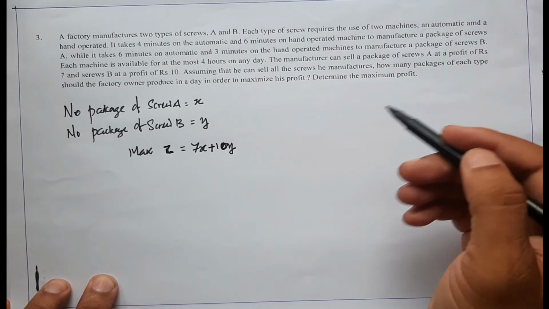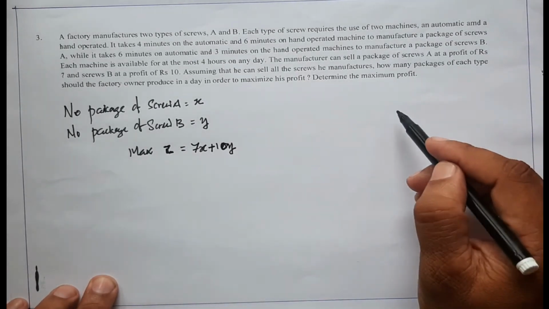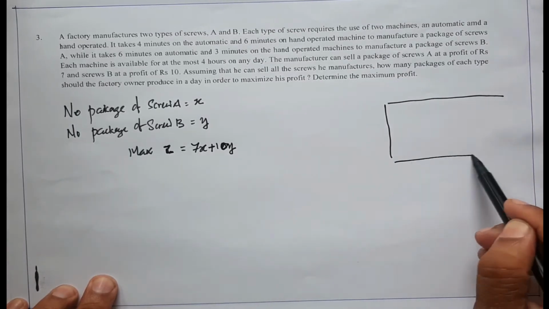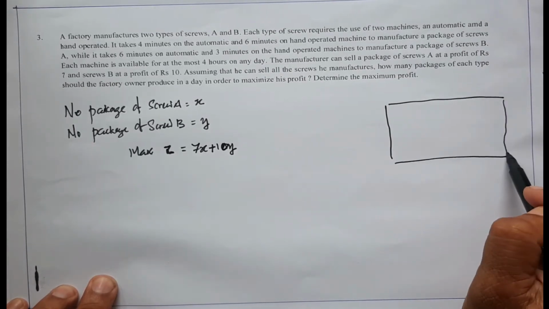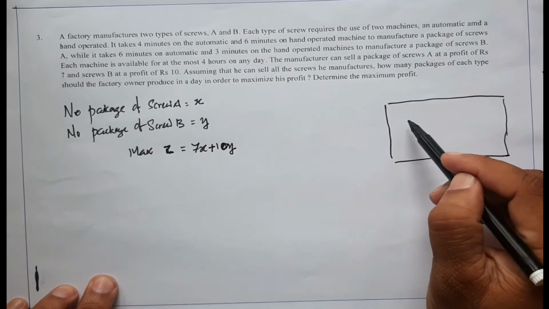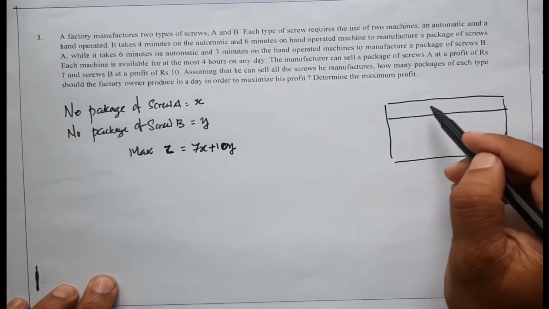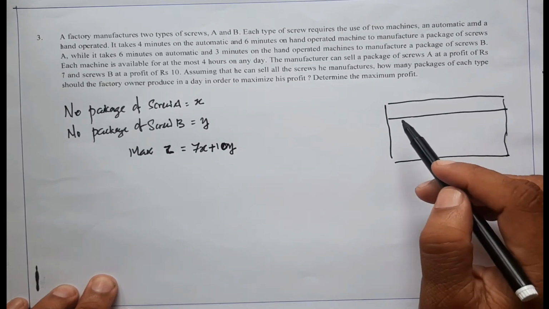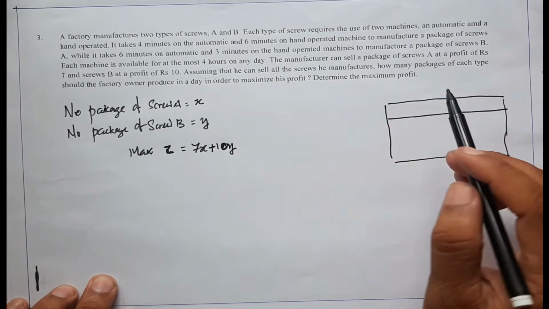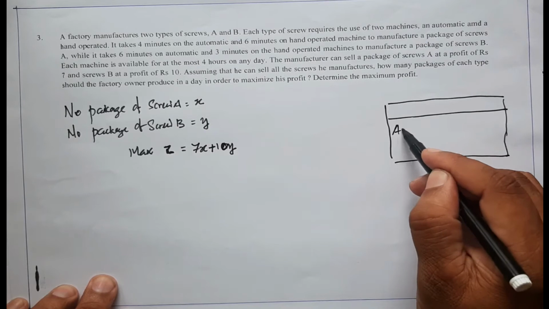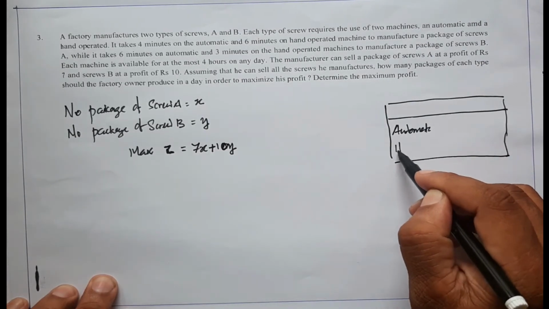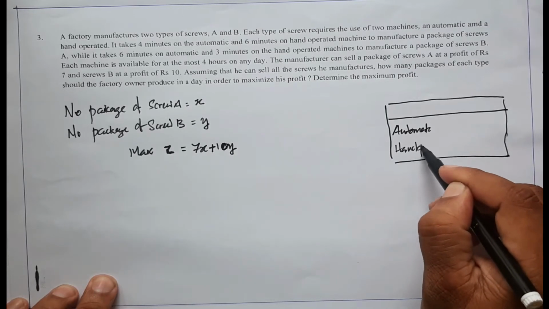Now we find the constraints. For finding the constraints, first of all we form a small table. There are two machines: first is an automatic machine, and second is a hand operated machine.